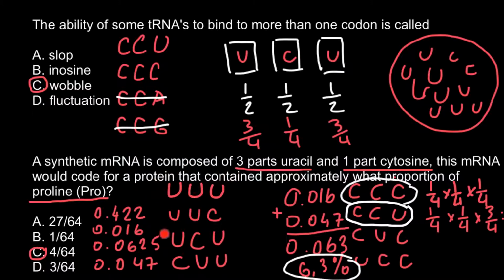And the rest combinations each would be occurring in about 16%, and as you see, these 3 combinations would occur 4.7% each, and this one in about 1.6%. So if we combine all these frequencies, we are going to get 100%. But only these 2 combinations would code for protein proline.